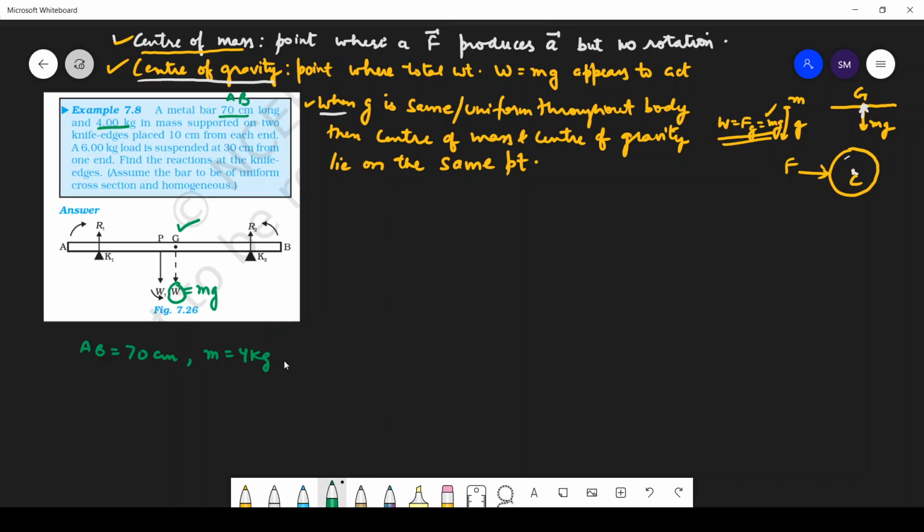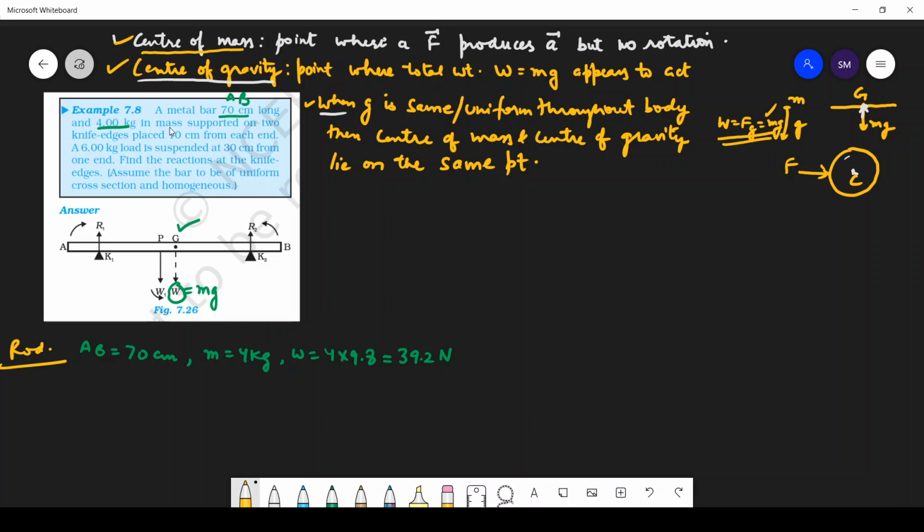So what will be the weight of the rod? That is equal to 4 into 9.8 newtons. How will you calculate 4 into 9.8? 4 into 10 is 40 and 4 into 0.2 is 0.8. So 40 minus 0.8 is 39.2 newtons. So this is about the rod.